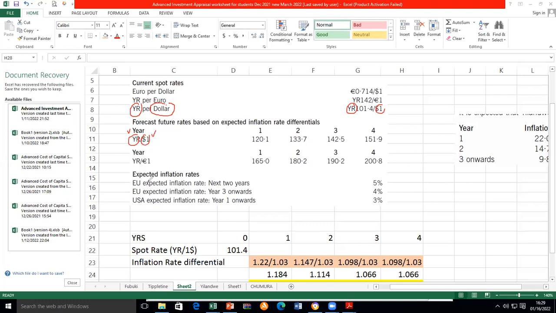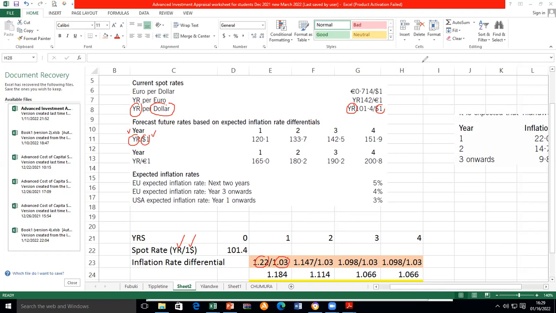That is the logic. So here, a rand on a dollar. So what happens? The inflation rate on the rand will go on top, 22%. The one on dollar comes down. I hope that has helped you to see what goes up, and what comes down.